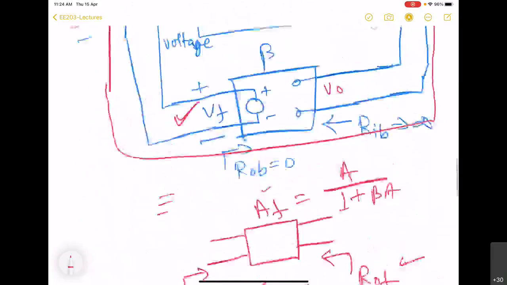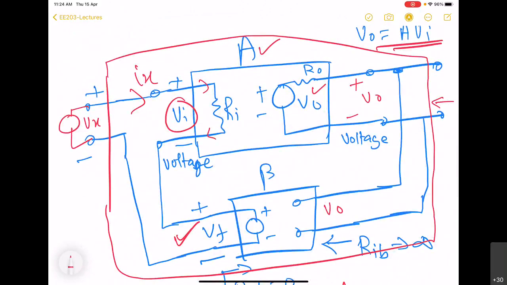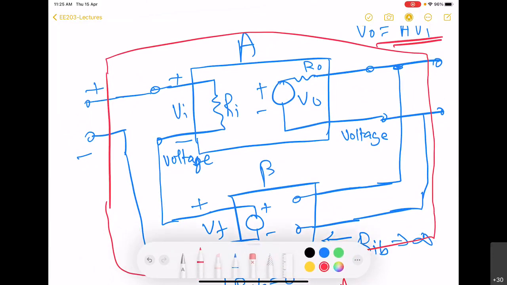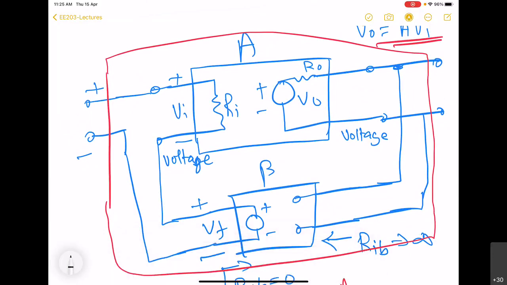So now we will try to find out output impedance. For that case, we will have to modify this circuit as per the definition of the output impedance. So for output impedance, we know that we have to short circuit the input and then connect an unknown voltage source Vx and then find out how much current it is driving into the circuit.